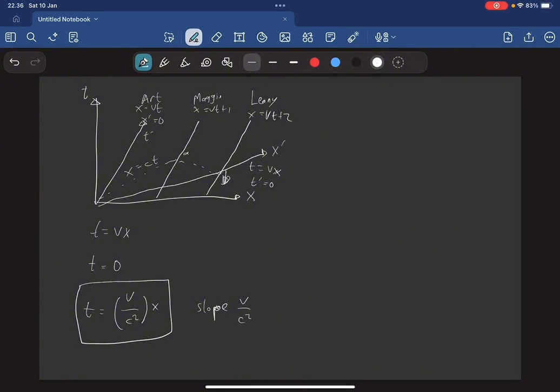For example, if v were 300 meters per second, roughly the speed of a jetliner, the slope would be v divided by c squared, which is 3 times 10 to the power of minus 15.